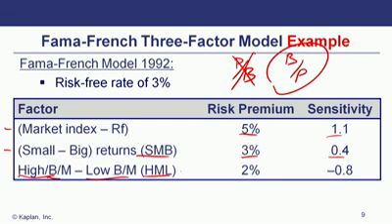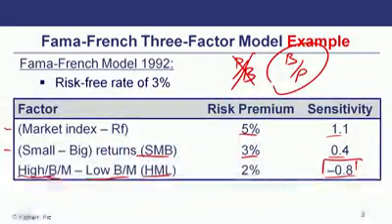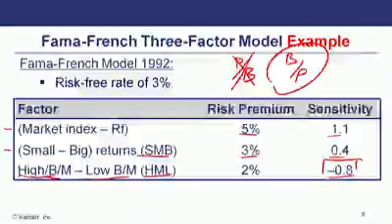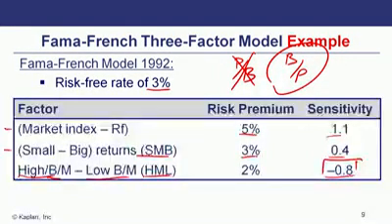So 2%, and then we multiply by the sensitivity, and notice that in this case the sensitivity is negative, so it's minus 0.8. What do we do with this? There's nothing difficult here. All we're going to do is plug in: the return on this particular security is equal to the risk-free rate, which we're given as 3%. Then we take each risk premium and multiply it by its sensitivity.